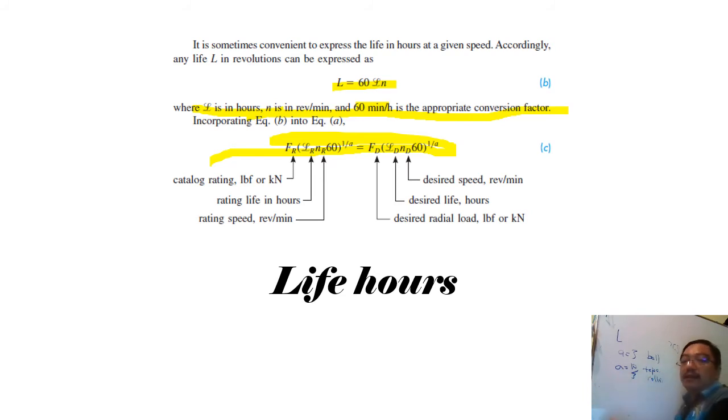Remember this, just two numbers you should remember, easy to remember. This is the desired radial load. Radial load means that the bearing is usually attached to a shaft. When the shaft rotates, radial load will happen.